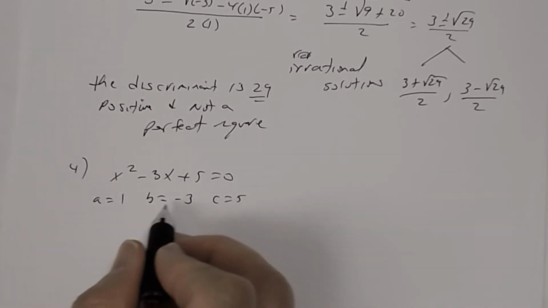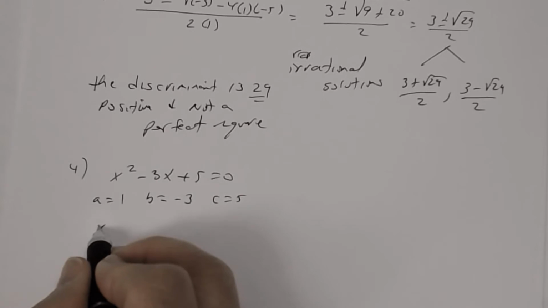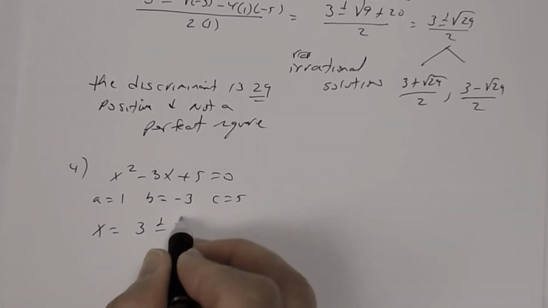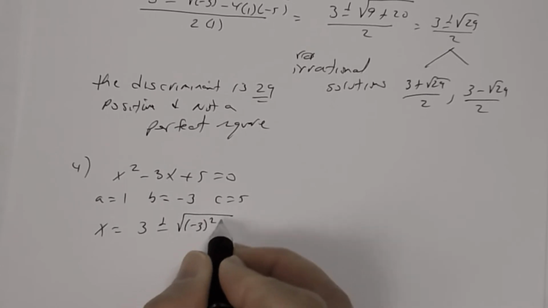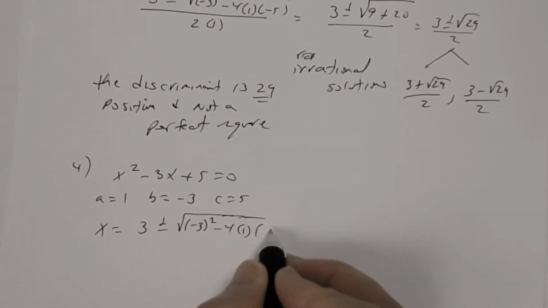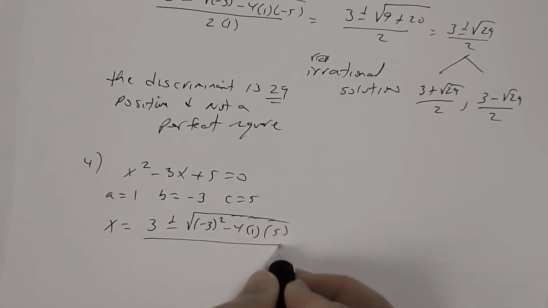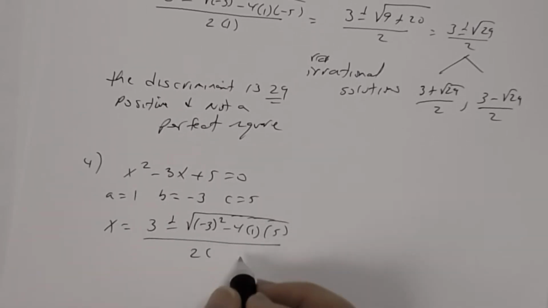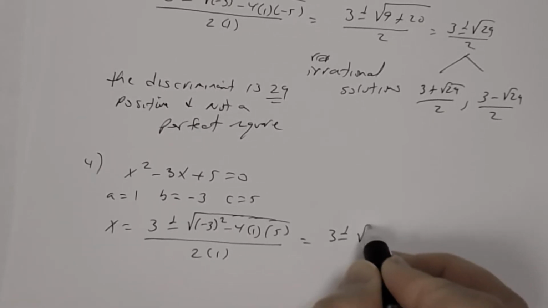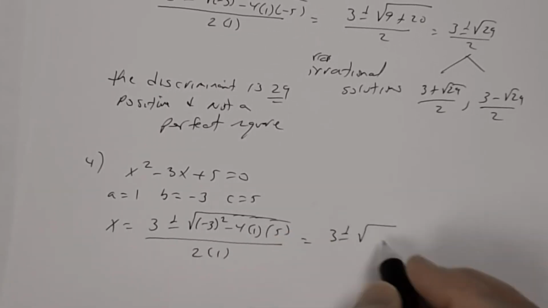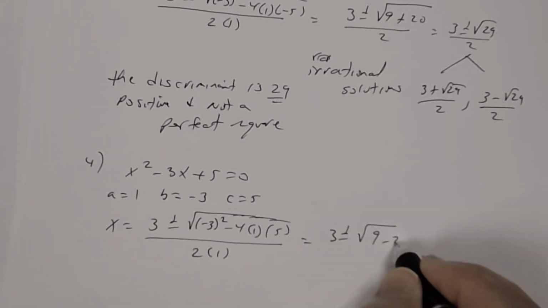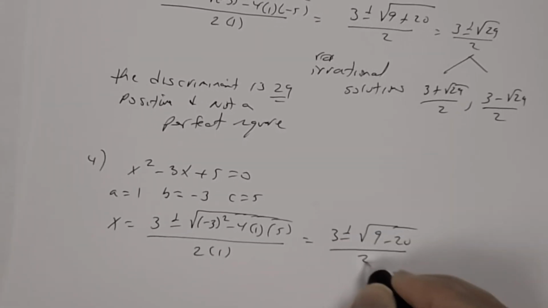And so if I substitute that back into the quadratic formula, I get x equals the opposite of b, so that's 3, plus or minus the square root of negative 3 squared, minus 4 times a, which is 1, times c, which is 5, all divided by 2 times a, which is 1. So then I get 3 plus or minus the square root of 3 squared, negative 3 squared is 9, minus 4 times 1 times 5 is 20, all divided by 2.